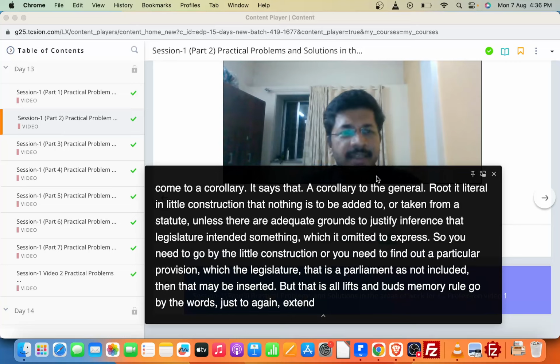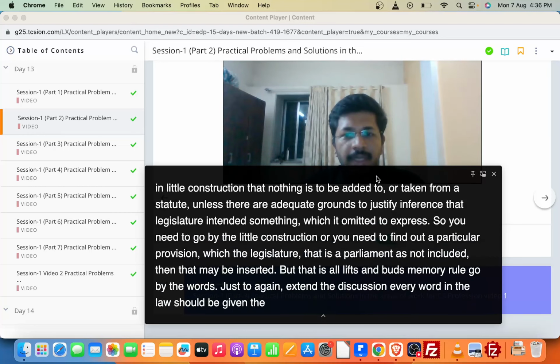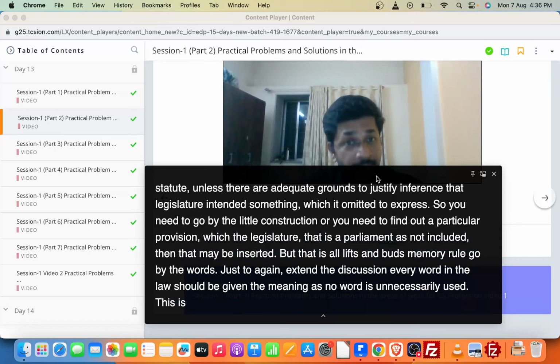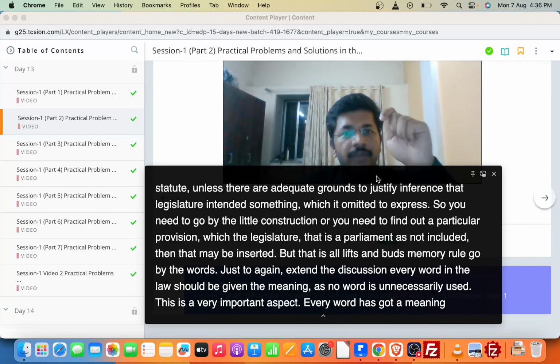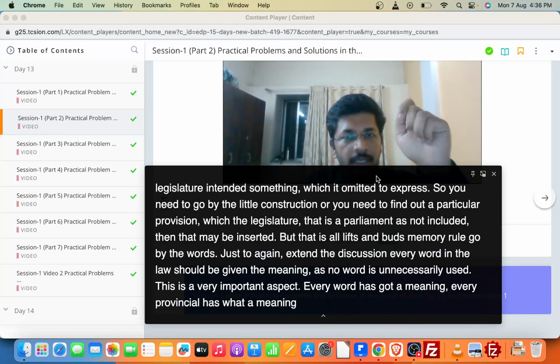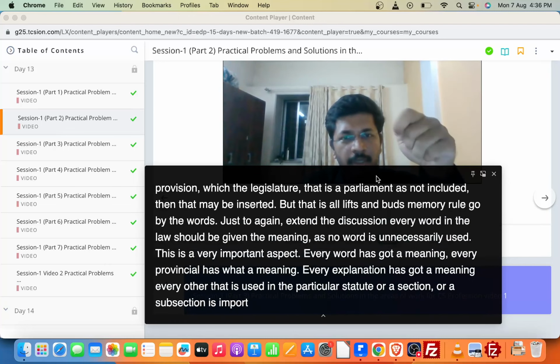Just to again extend the discussion, every word in the law should be given a meaning, as no word is unnecessarily used. This is a very important aspect. Every word has got a meaning, every proviso has got a meaning, every explanation has got a meaning, every "that" used in a particular statute or a section or a subsection is important.